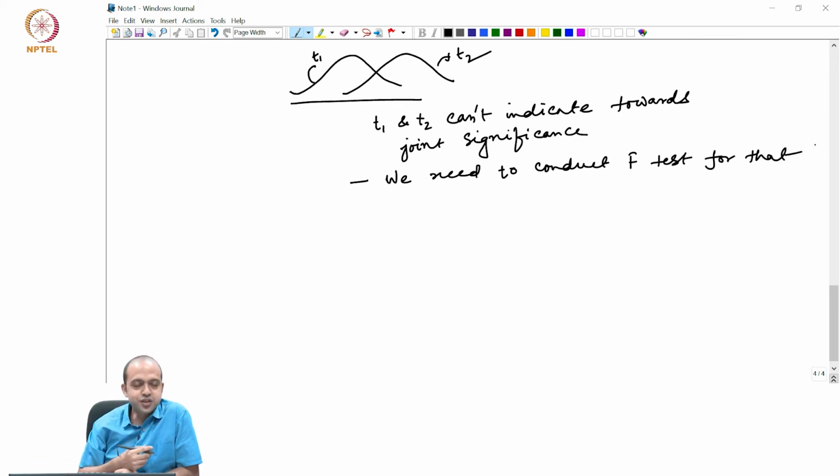Because the F test shows the joint significance of the model.